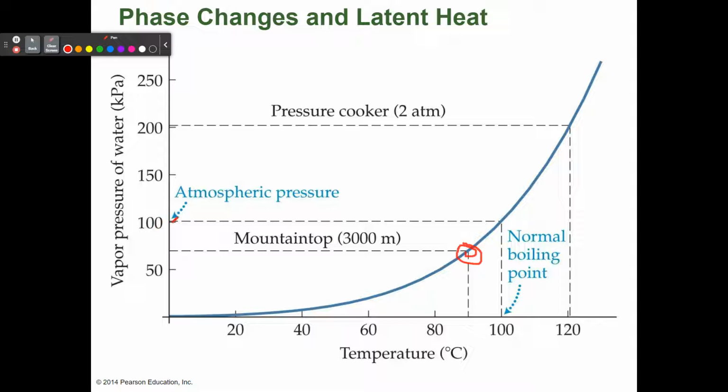At atmospheric pressure, it's around 101, so our normal boiling point is at 100. If we were at 200 kilopascals, it would be 120. So when we talk about equilibrium vapor pressure, normal boiling point is another way of saying that.